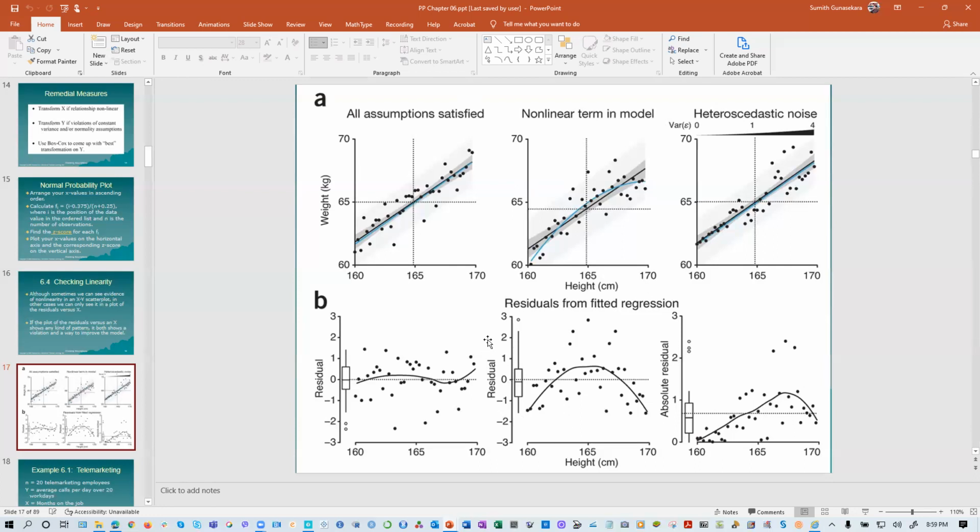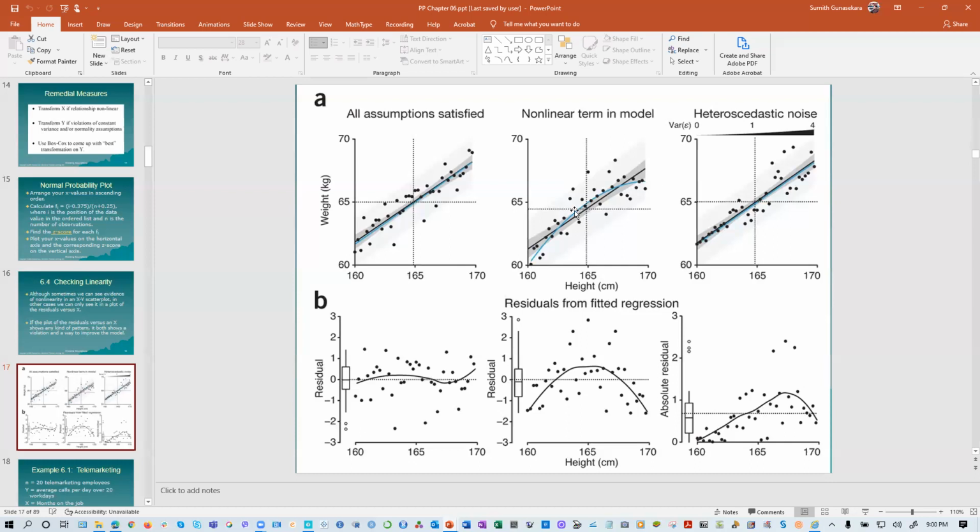In the same way, for this residual versus height, if you see this kind of a pattern, where they go off like that and fit this kind of line, that means a non-linear model. This will very clearly say that. The regression will fit into some kind of a parabolic shape, like the example of the number of calls versus the number of months in the job.